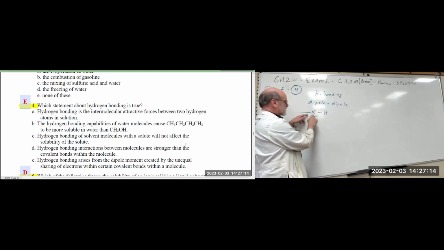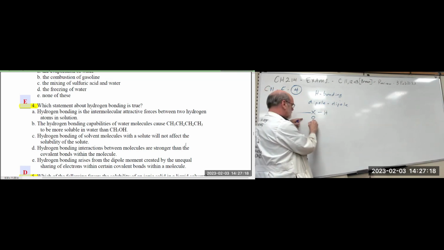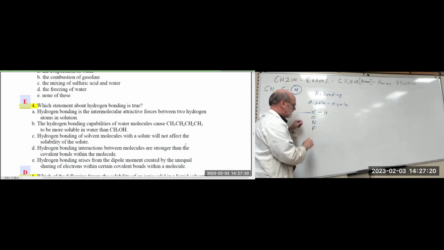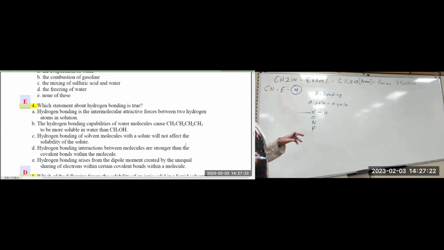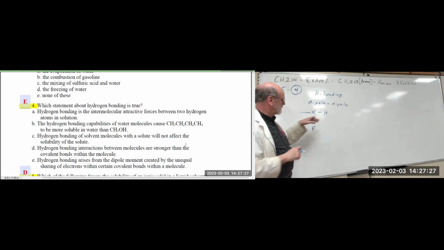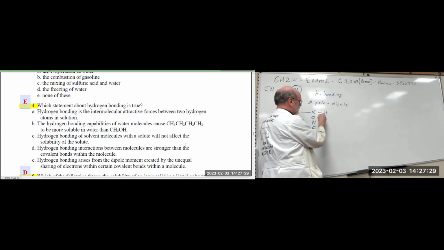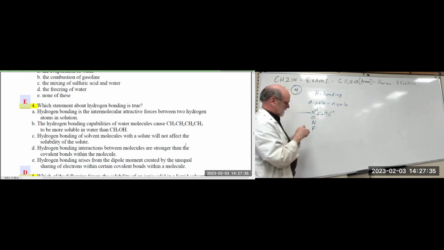And this X can either be oxygen or nitrogen or fluorine. They are electronegative enough so that we can get a very polar bond this direction. This is going to be positive and this is going to be negative.